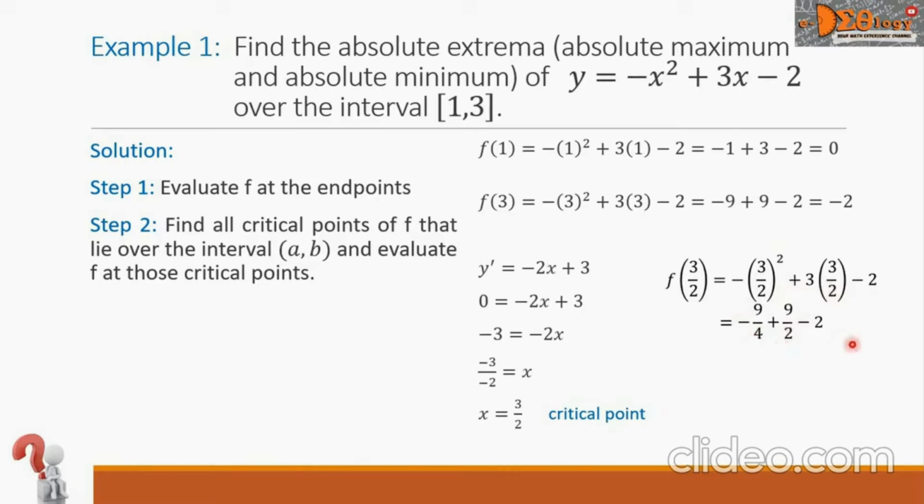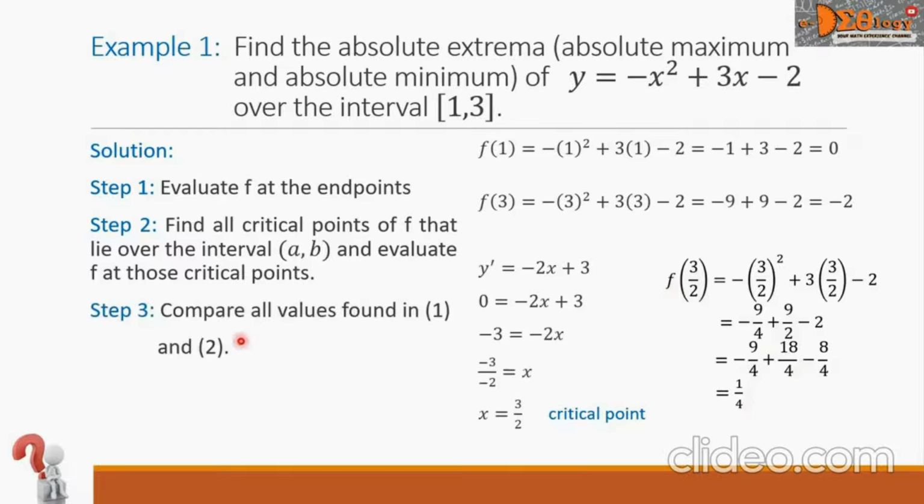In the next step, let us show equivalent fractions of the same denominator. So we have negative 9 over 4 plus 9 over 2 becomes 18 over 4, minus the whole number 2, which is now 8 over 4. Combining like fractions, we have the final answer to be 1 over 4. So f of 3 over 2 is equal to 1 over 4.